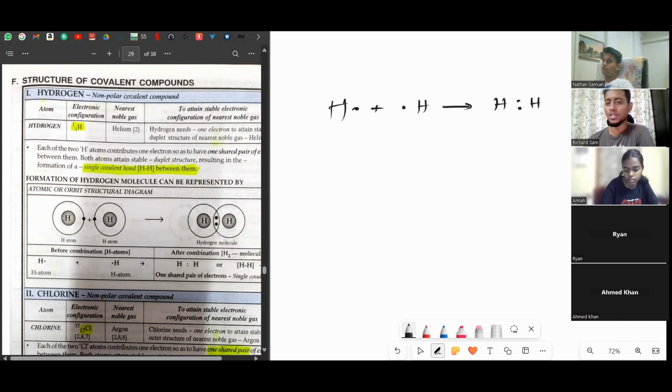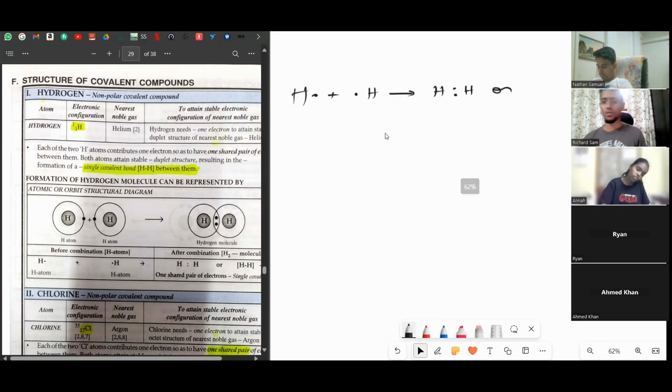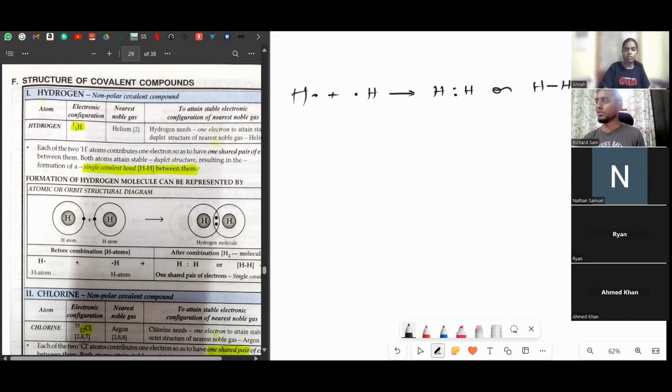So this way you're showing that both these electrons came to the center of the hydrogens and they are sharing. And then you can put OR, and you will show that bond between those 2 electrons as a single bond like this between the 2 hydrogens. Then you'll put one more arrow and you'll write H2. This is the full electron dot diagram for the structure of hydrogen.